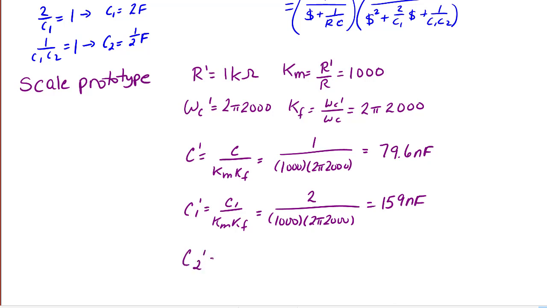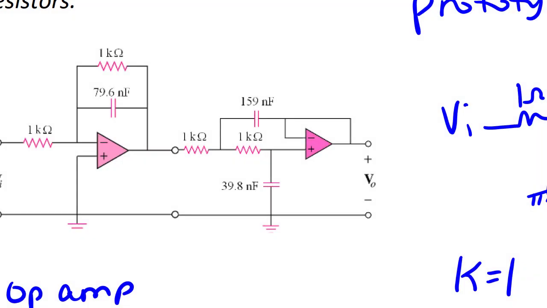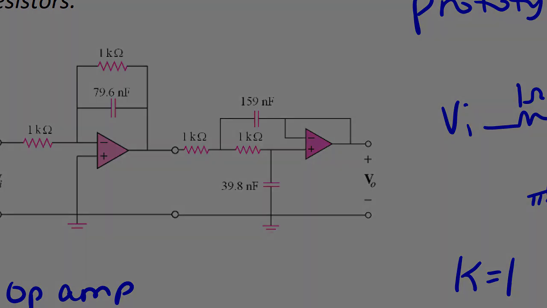And C2 prime is equal to C2 over Km Kf, which equals 1/2 over 1,000 times 2 pi 2,000, which equals 39.8 nanofarads. And finally, this is what the prototype scaled third order low pass Butterworth filter would look like with a gain of 1, a cutoff frequency of 2 kilohertz, and 1 kilo ohm resistors.